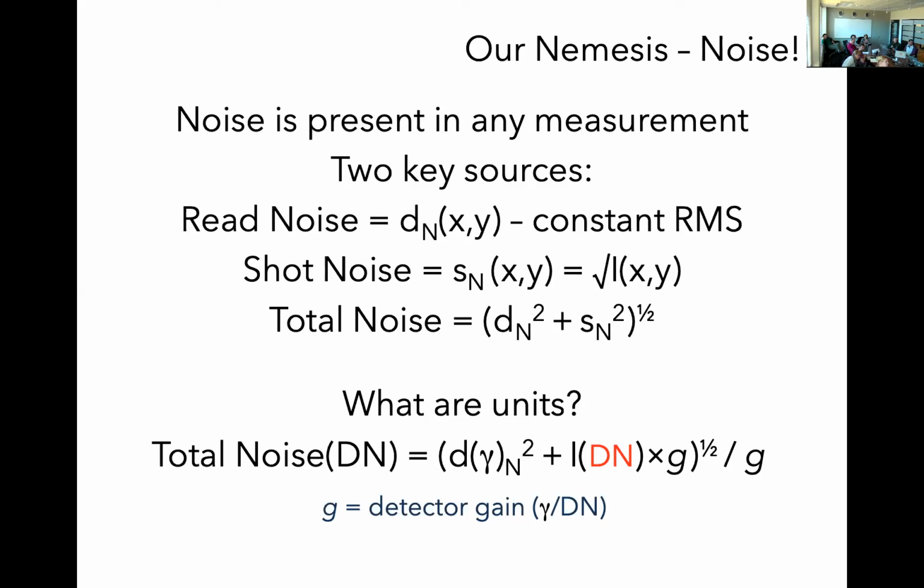So you're doing that quadratic sum in the same units. That's the key part. Luckily, with most of the detectors now, the readout noise is getting fairly small. But again, with infrared and coronal measurements and so on, it may still be a problem.